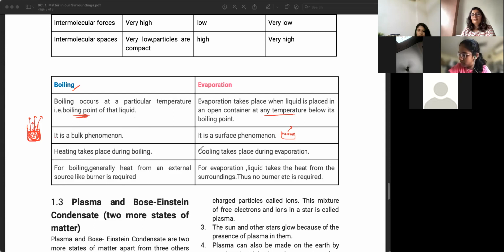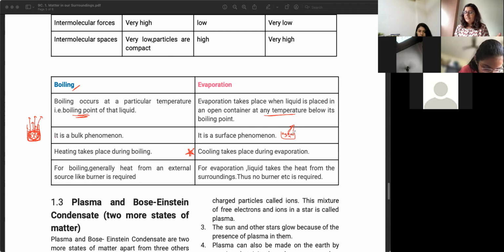Cooling takes place during evaporation. Okay, so this is another important point. Okay, so evaporation mein kya ho raha hai? The surface molecules are basically taking energy from the surrounding molecules. Remember when I said as they move, thoda idhar udhar collide hoke, if this particular molecule gets extra kinetic energy, it's going to get enough kinetic energy to go out. So that extra kinetic energy kahan se mil raha hai?